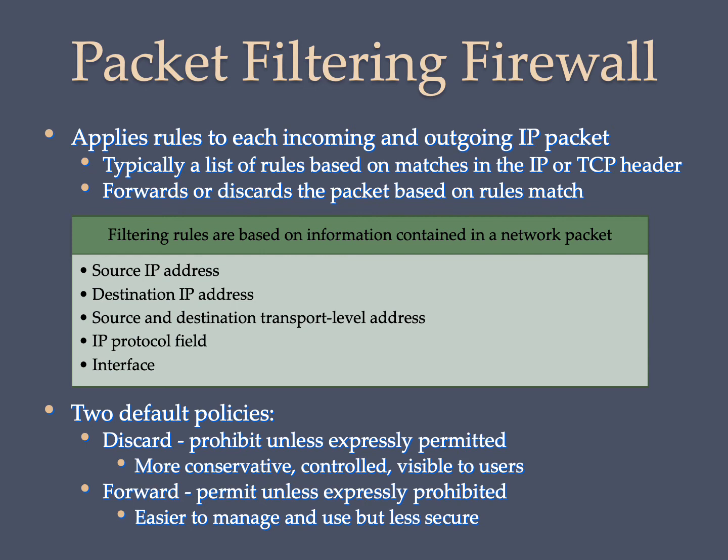And then at the bottom, as it says, there are two default policies: discard or forward. Discard means prohibit unless expressly permitted, right? If an address is permitted, it will go in. If there is no rule permitting the address to enter the network, then by default it'll be prohibited from entering. And forward means if the rule says this IP address can enter the network, then it'll be permitted to enter.